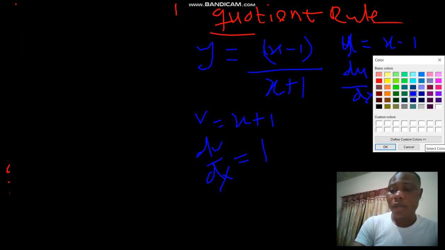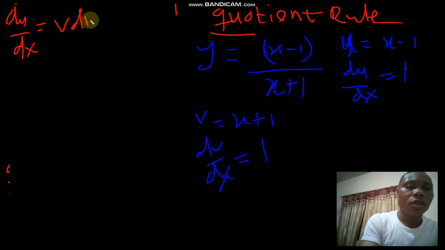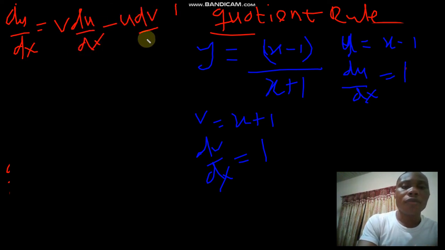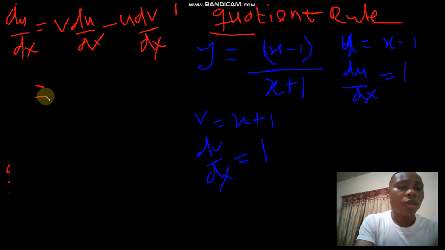So what is our formula saying? We're saying that dy/dx should be equal to v du/dx minus u dv/dx, all over v squared.